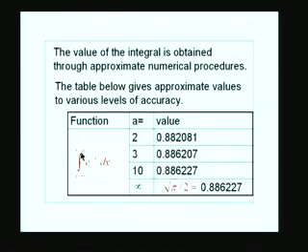When a, the upper limit, is 2, the value of this integral from numerical procedures is 0.882081. When a is 3, closer to infinity, between 2 and 3 it is not much, but you will be surprised that as far as this function is concerned, when a is equal to 3, it is almost close to the exact value, 0.886207. Now you put a equal to 10, it looks like the integral does not change by much.